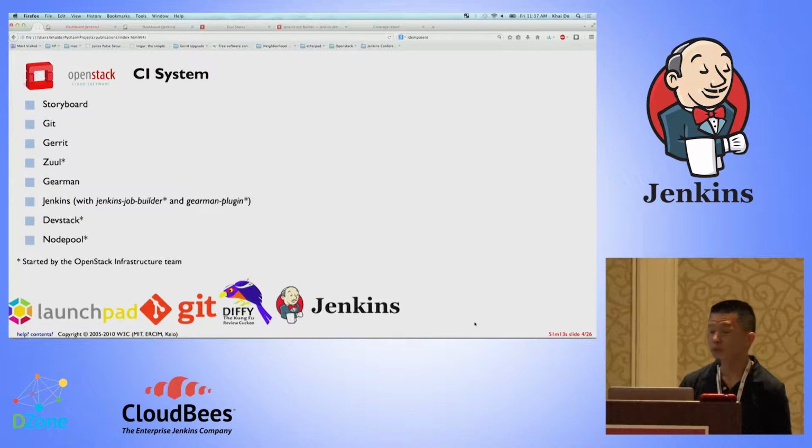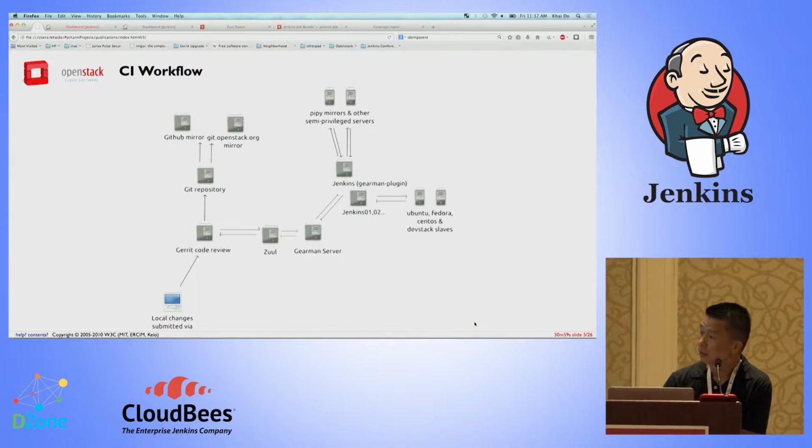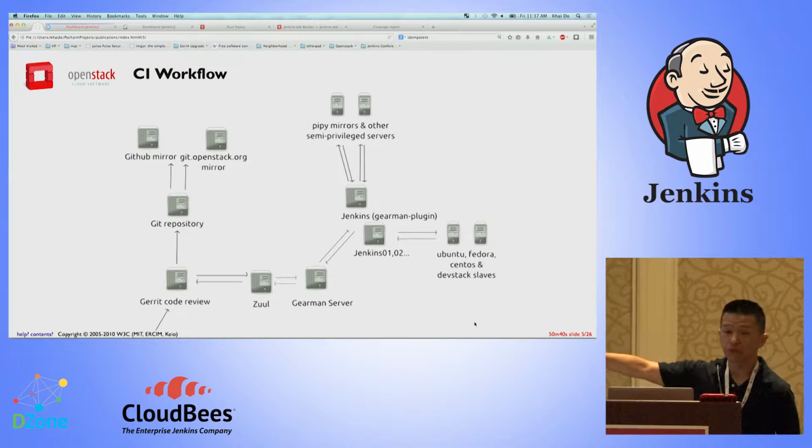So we use a lot of different tools basically in OpenStack. This is our workflow that we have. It's your typical workflow, except it might be a little bit bigger than others. The blue monitor is your commit to Gerrit, which is the first point of entry.